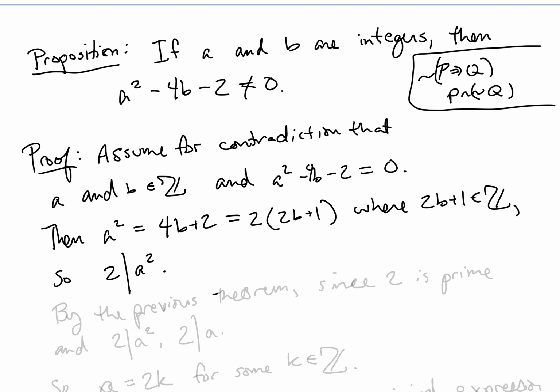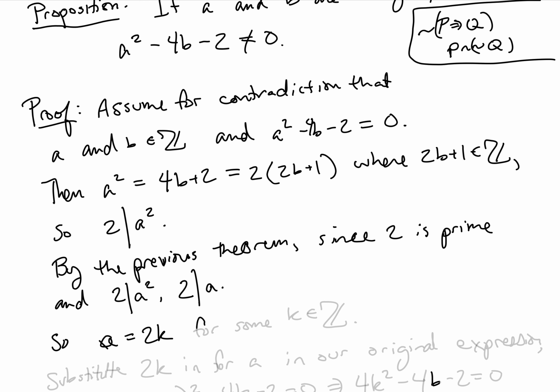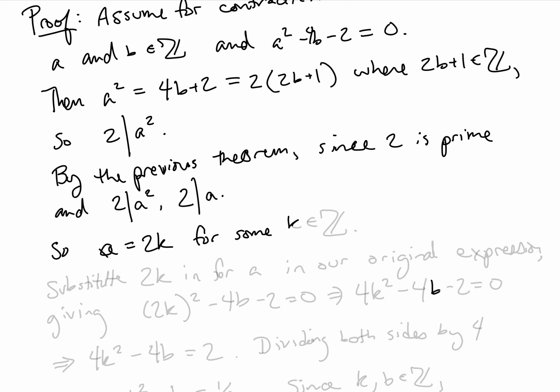Now, by the previous theorem, since 2 is prime and 2 divides a squared, 2 also divides a. And so a is equal to 2k for some integer k.